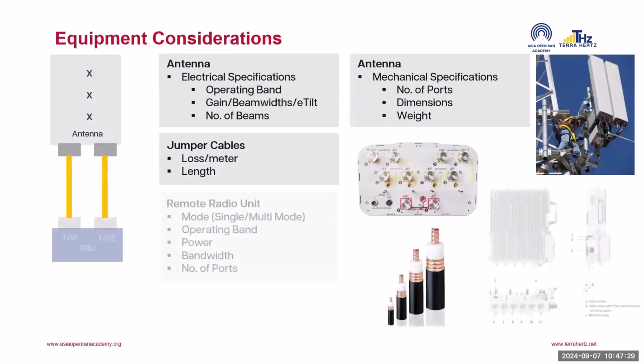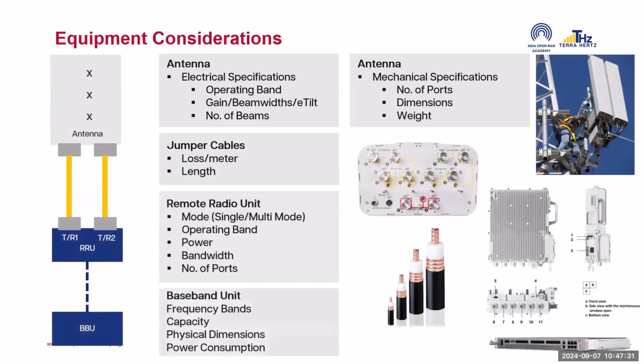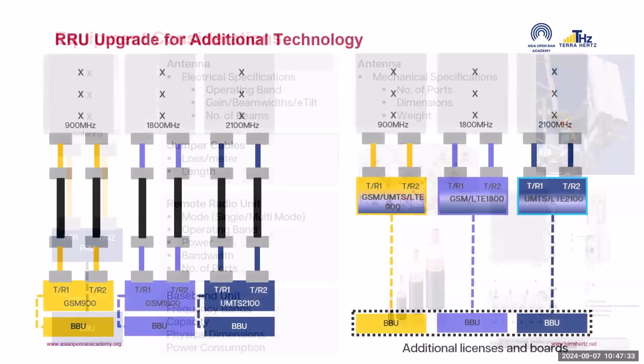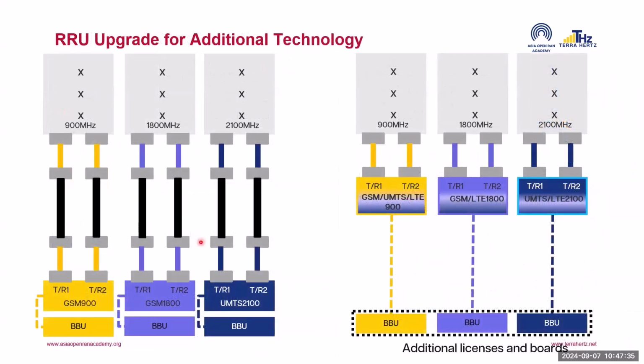For example, if you have this kind of equipment deployed in your network, okay? So previously, when you are building the technology, you have a different system for each technology. You have the 900, 1800, and 2100. Now you can just upgrade, using the same baseband unit, upgrade to additional boards, and then activate in the existing RRU.